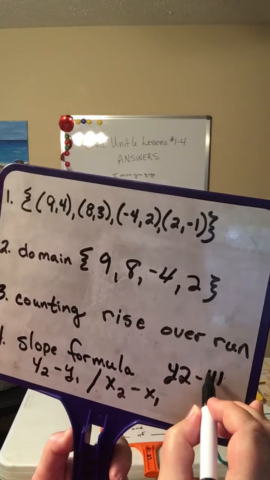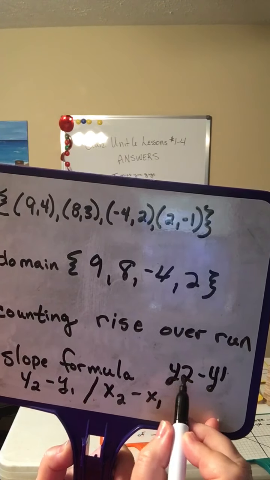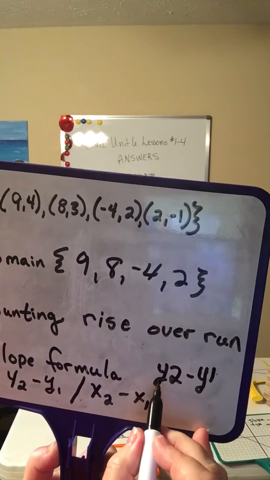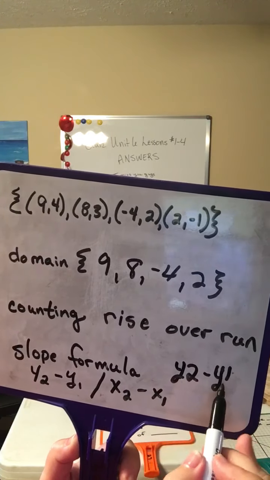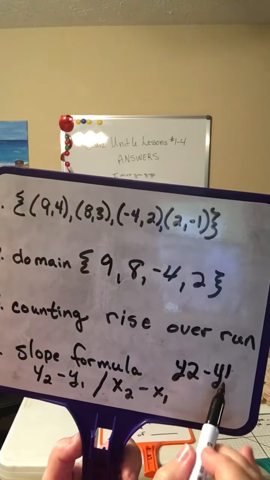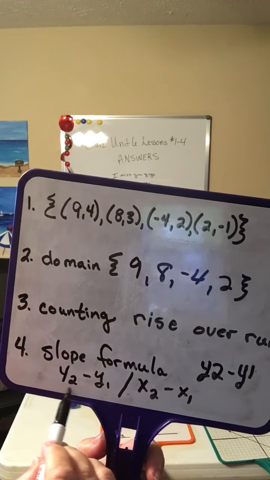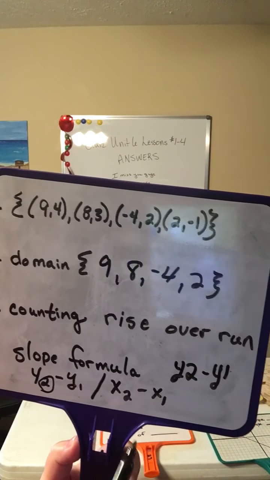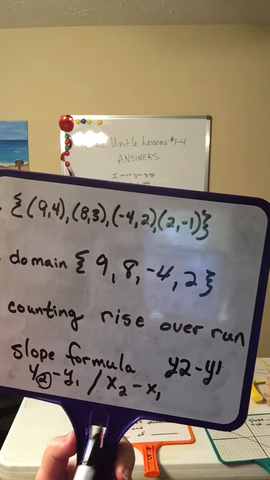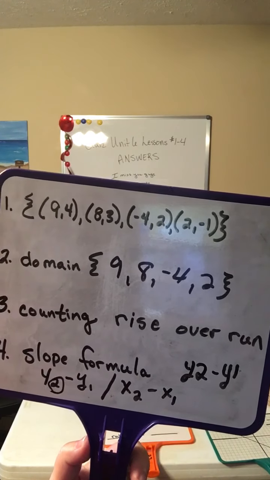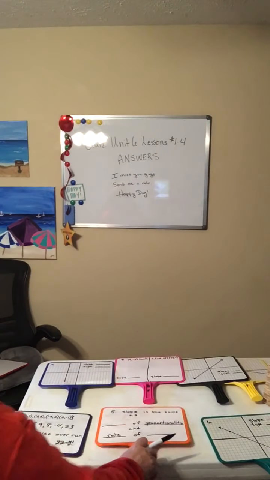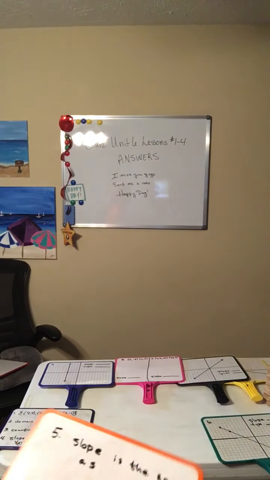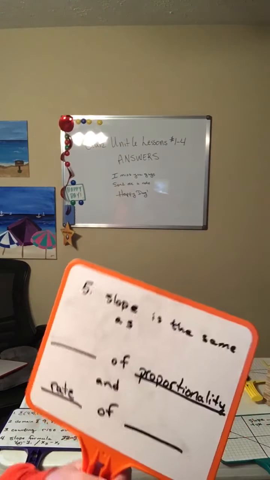But know that this does not mean y times 2. It's y2 and y1. It's the second y and the first y. Please be careful that you understand that, okay? If we were in the classroom and we were writing it on paper, you'd always write it like this, not like that. All right. I didn't mark that wrong, though, on the quiz if you put the 2 as regular size.